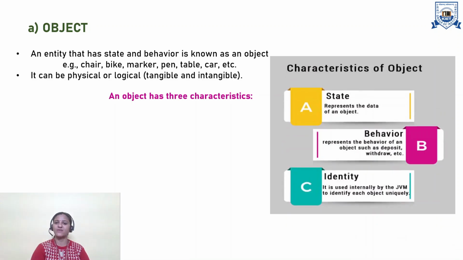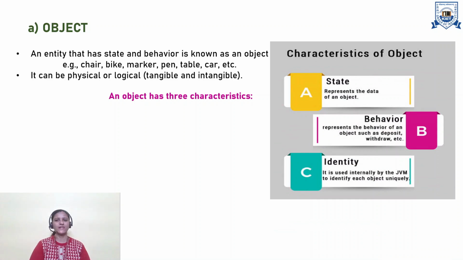An object has three characteristics. The first one is state. It represents the data or the attributes of an object. The second one is behavior. It represents the activity or the action that can be done by an object. And the third characteristic is identity.